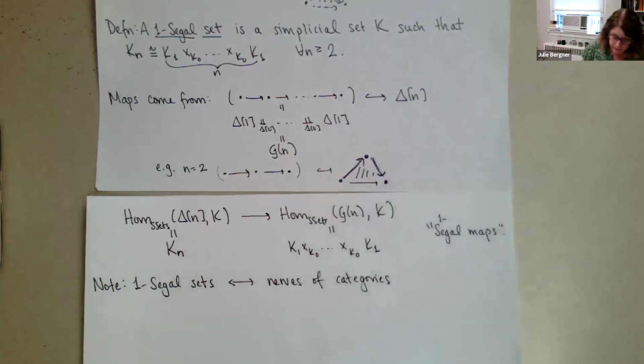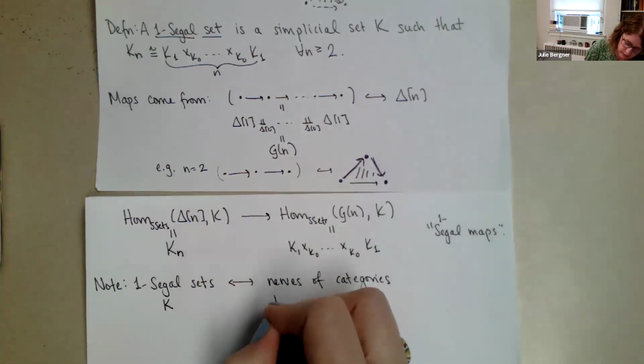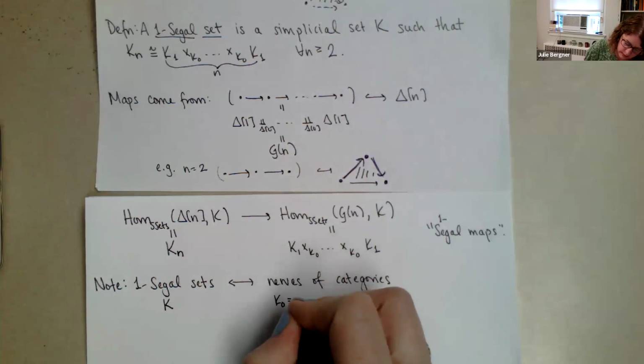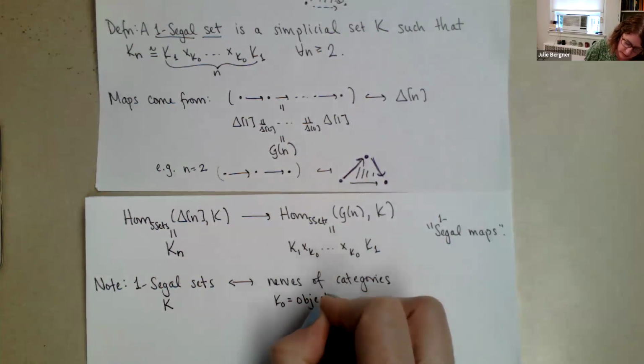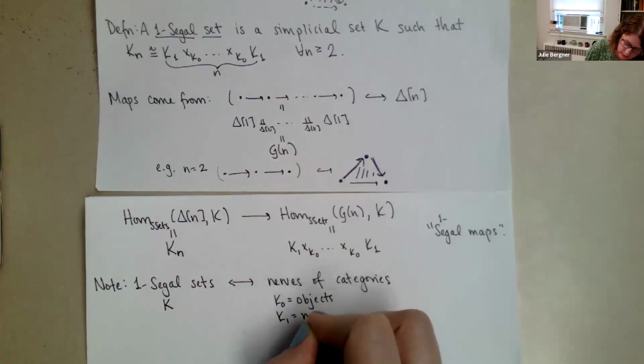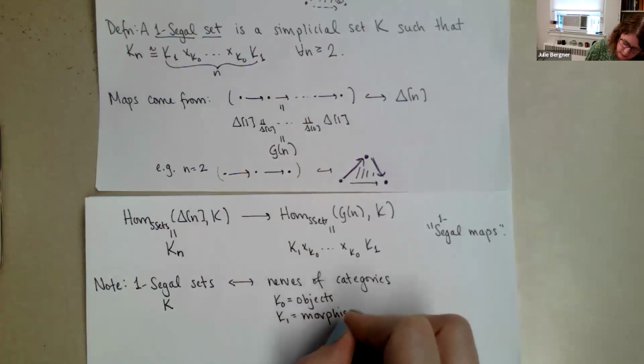Now, if you have such a K over here, then K_0 becomes your objects, and K_1 will give the morphisms.